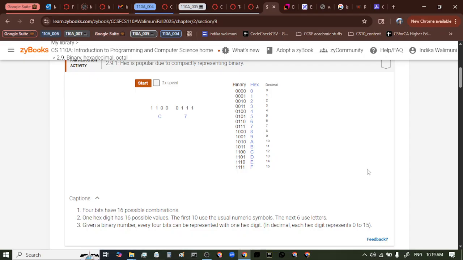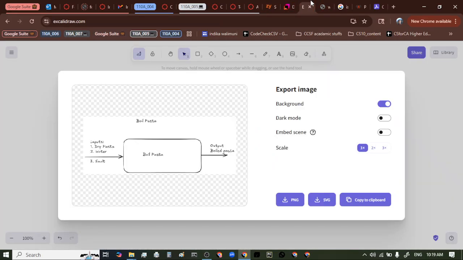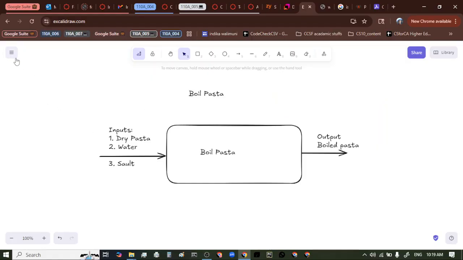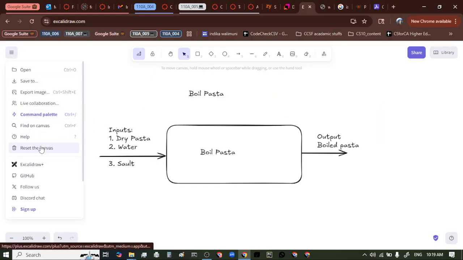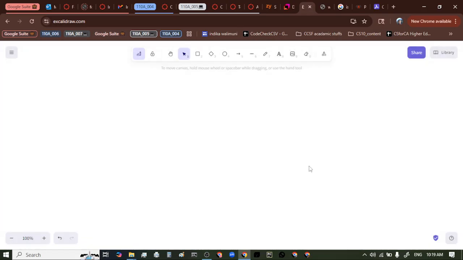I'm going to reset. So I'm first going to write the decimal number system, guys. Numbers in decimal system.